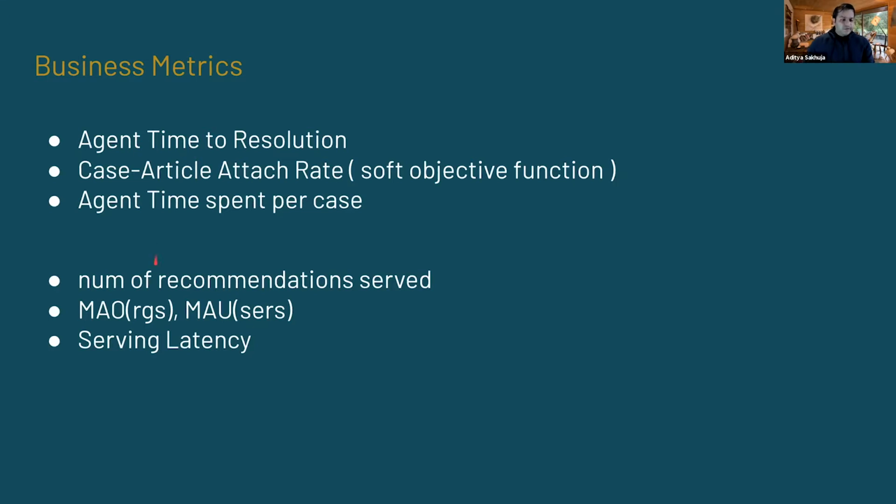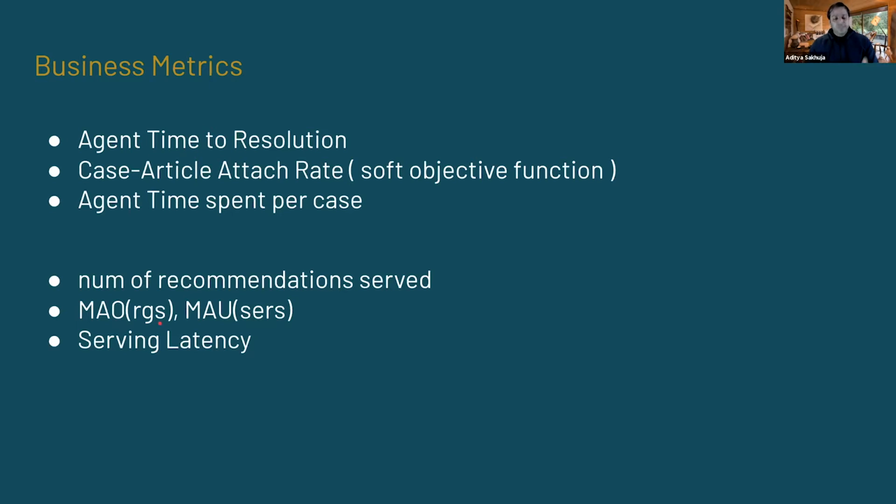Then there are secondary metrics as well. Some of the secondary metrics are the number of recommendations served, which is a measure of scale. Then the monthly active organizations, because being an enterprise company, Salesforce has companies running on us, and the platform we support has thousands of organizations. We want to keep track of how many of these organizations are onboarding with us.